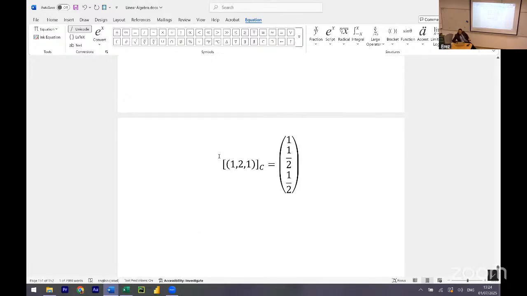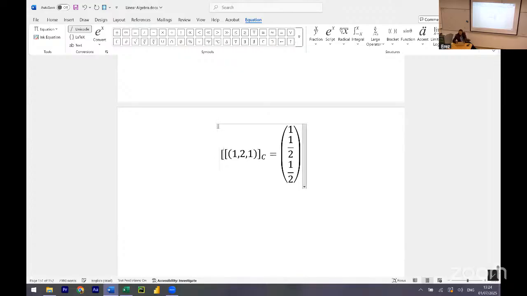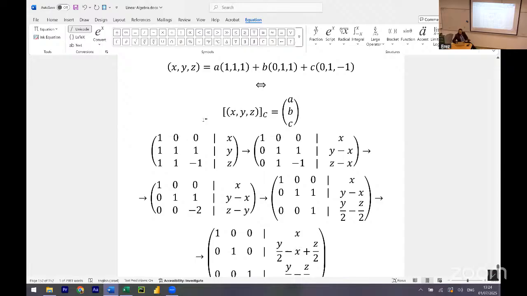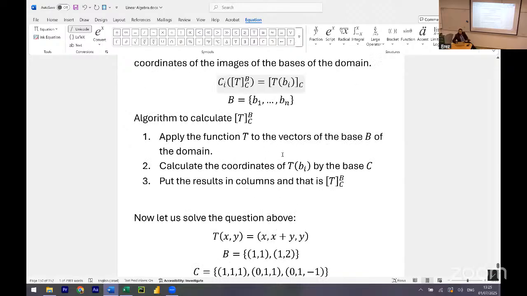Now we are applying it specifically, and I'll write it as well, to the output of 1, 1, right? So that's from the base B. We plug it into the function, and then we are calculating the coordinates according to the base of the range. And that is exactly what's written in the algorithm.